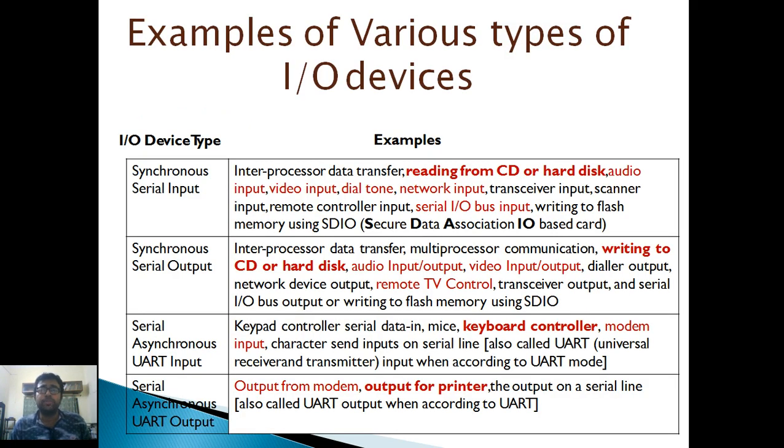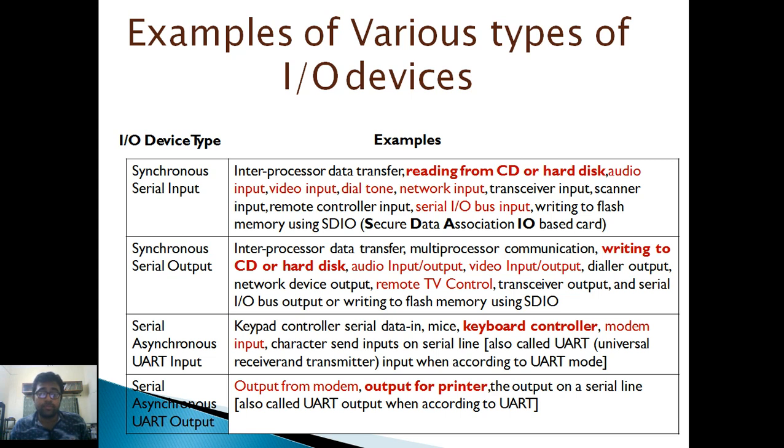So now, examples of various types of input output devices. First one is synchronous serial input: inter-processor data transfer, reading from CD or hard disk, audio input, video input, dial tone, network input, transceiver input, scanner input, remote controller input, serial input output bus input, writing to flash memory using SDIO, secure data association input output based card.